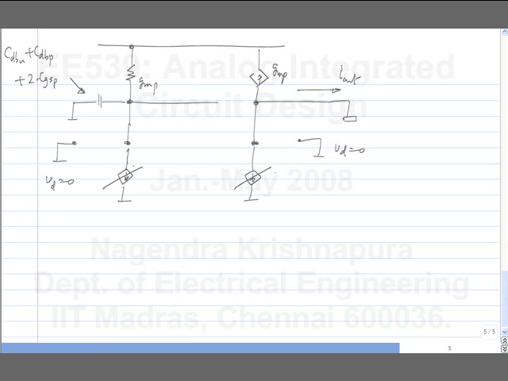Now, we model the noise using a current source from drain to source. So, let us say this is IN1, this is IN2, sorry, I think according to the notation this is IN3, this is IN2 and IN4.